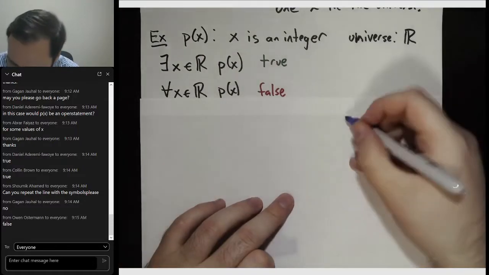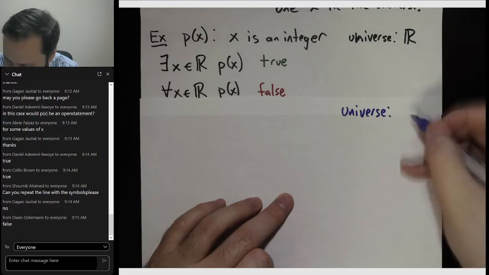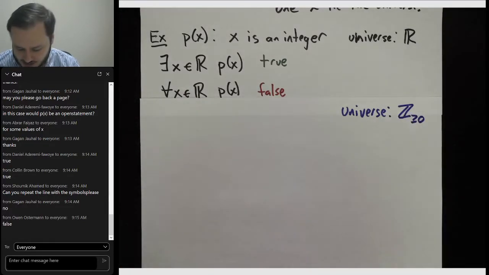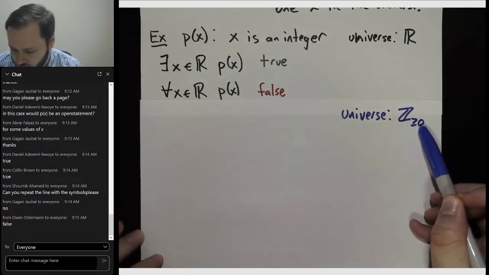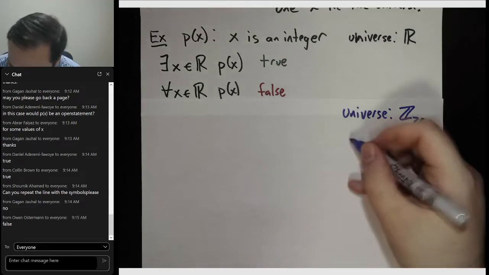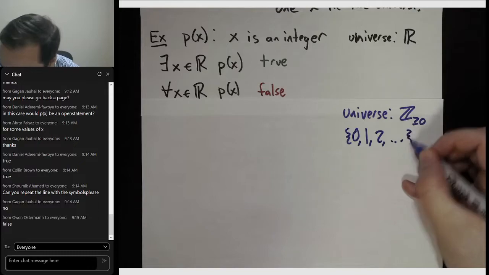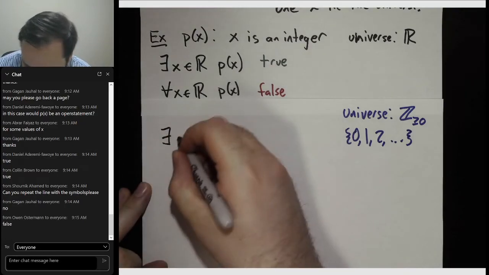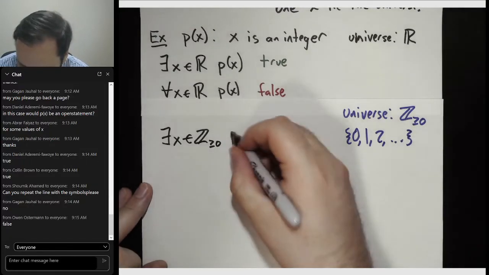If I make my universe Z positive, so these are the integers greater than or equal to 0, so 0, 1, 2, and so on, is it true that there exists an x in Z positive that is an integer?